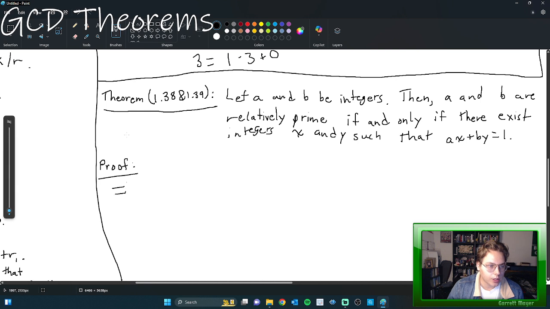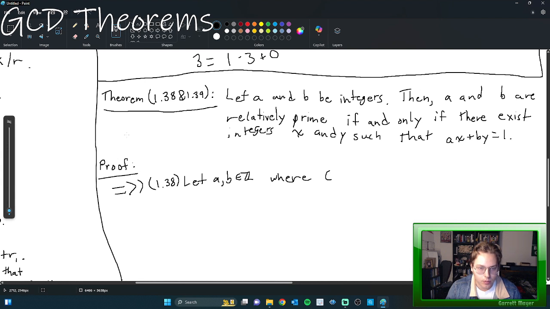So the first direction is this way, and this is theorem 1.38 in the book. And here we're just going to let a and b be integers where a and b are relatively prime. And this is just equivalent to writing out that they're relatively prime.